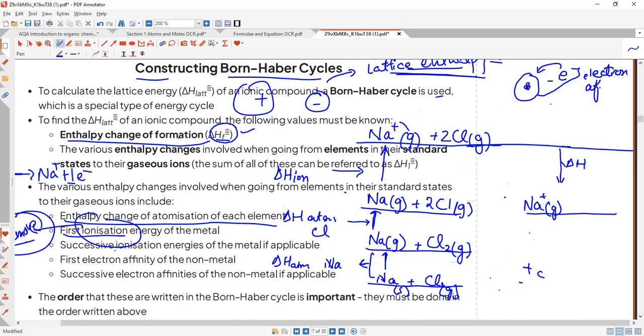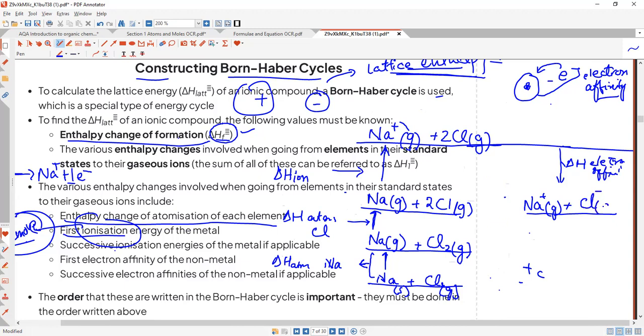Yes, it is attraction. So it is called electron affinity. After taking one electron, chlorine forms a negative charge, Cl-.